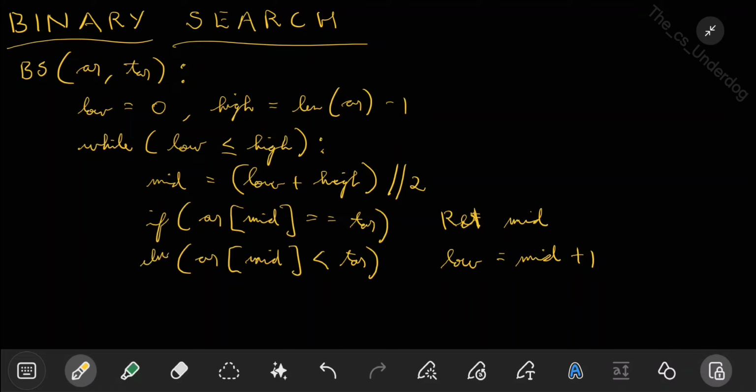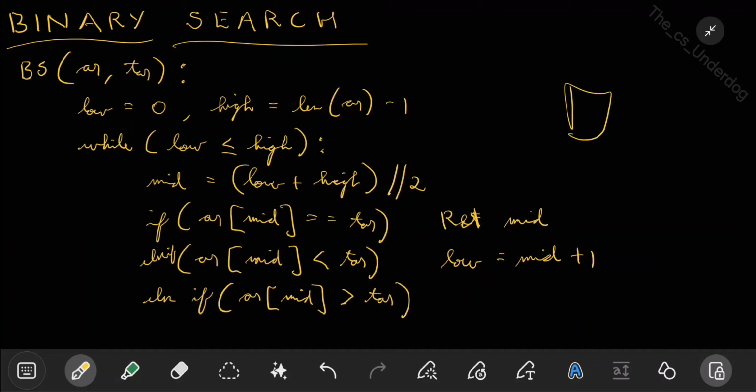I'll write an else if condition here so that you see exactly what the condition is. Otherwise, it should be just an else case. If it is not equal to and not lesser than, then only one thing is remaining, that is greater than. So what would be the condition here? Array of mid would be greater than the target value. If the mid element is greater than the target value, that means your target value is lesser than the mid element.